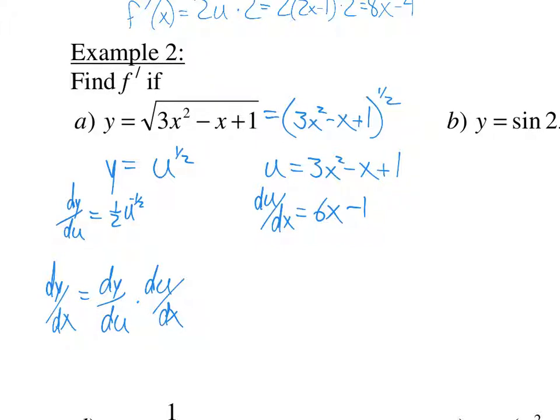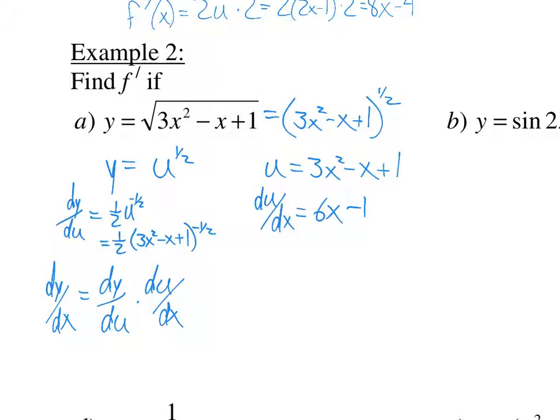Now, the thing here to remember is that we don't want our answer to have u's in it. We want our answer to be in terms of x. So, we're going to now substitute back in u. So it's 3x squared minus x plus 1 to the negative 1/2 power. Okay?